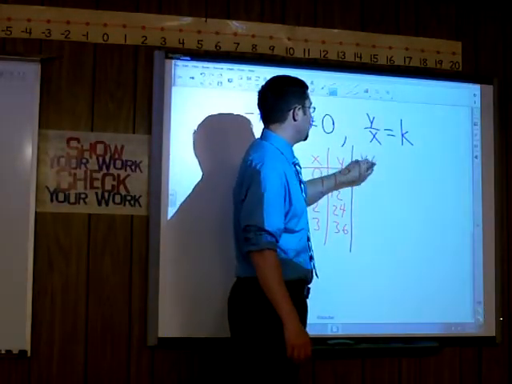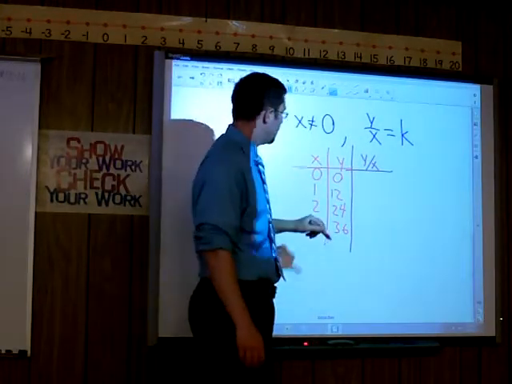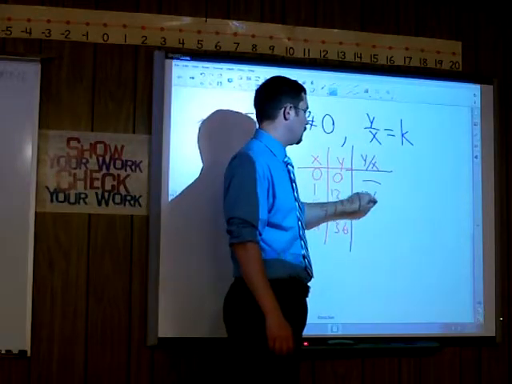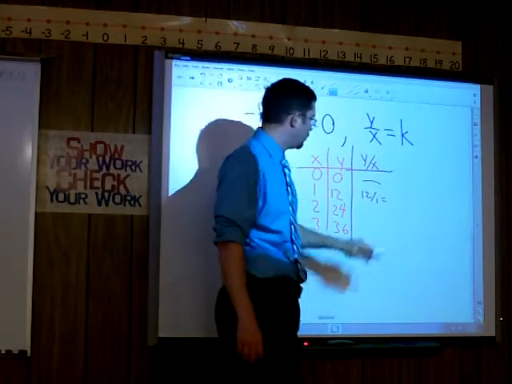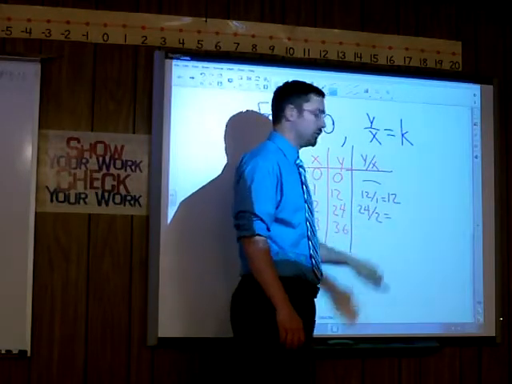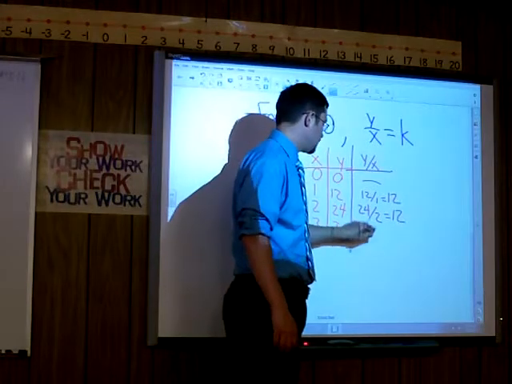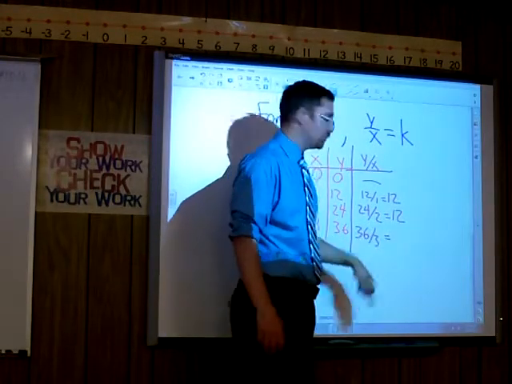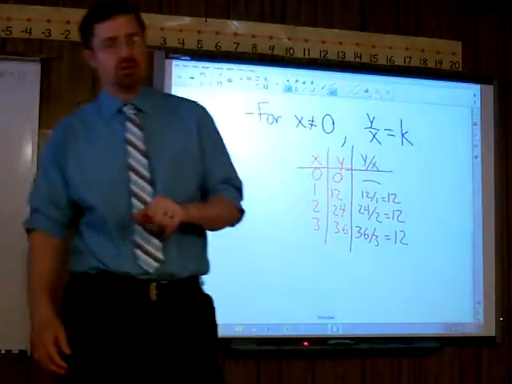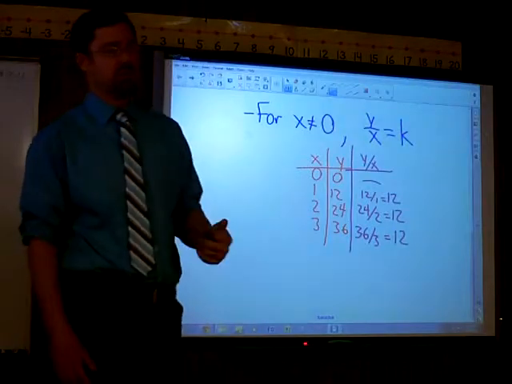What would y over x be? Well, we're going to ignore that one, but 12 over 1 equals 12. 24 over 2 equals 12. 36 over 3 equals 12. So, if you see that relationship, then you know this is directly proportional.